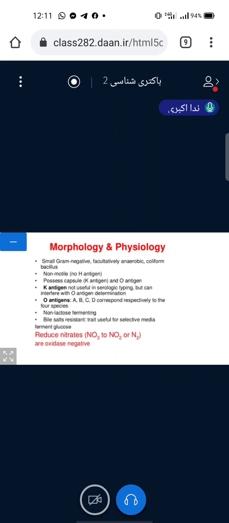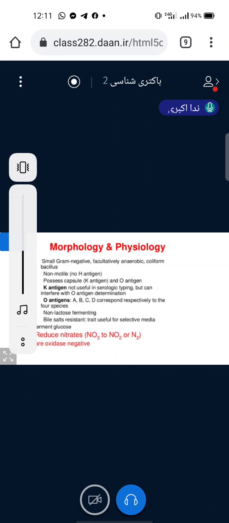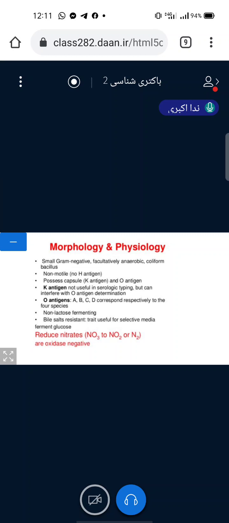You know, in MacConkey agar, there are bile salts, so just the bacteria which are bile salt resistant can grow. But they make colorless colonies because they can't ferment lactose. Like the other members of Enterobacteriaceae, they are glucose fermenters, they reduce nitrates, and they are oxidase negative.